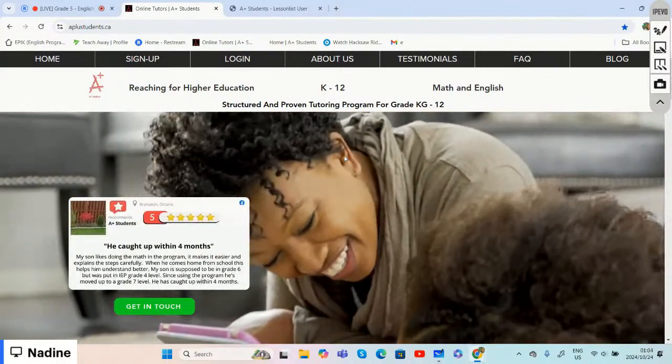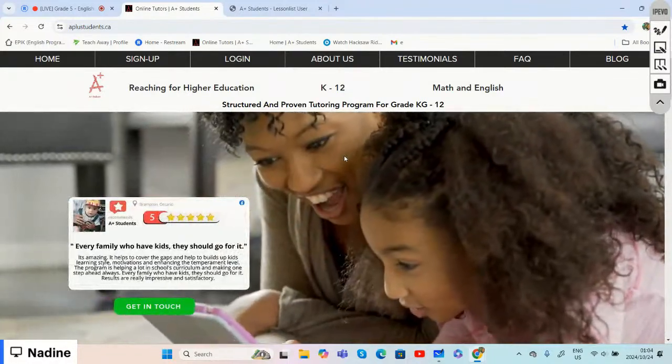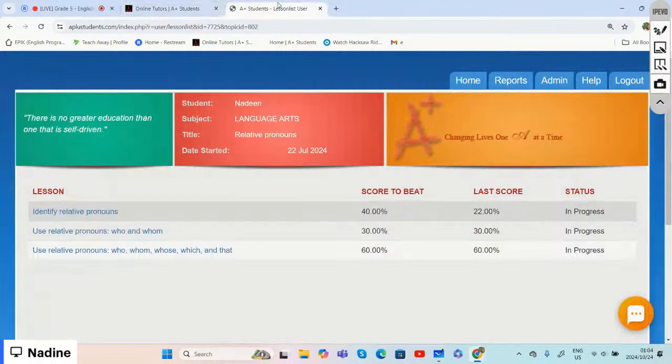And then we're going to scroll down until we get to our chapter of relative pronouns. So, relative pronouns. All right.